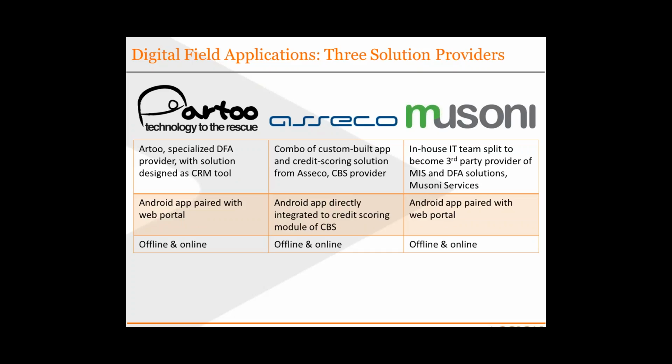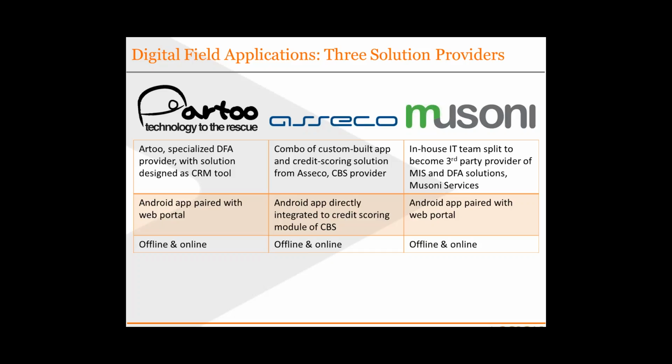So at Ujjivan, Ujjivan chose to work with R2, which is a specialized DFA provider, and R2 provides its DFA as part of its customer relationship management solution, really managing the entire customer relationship for its clients.